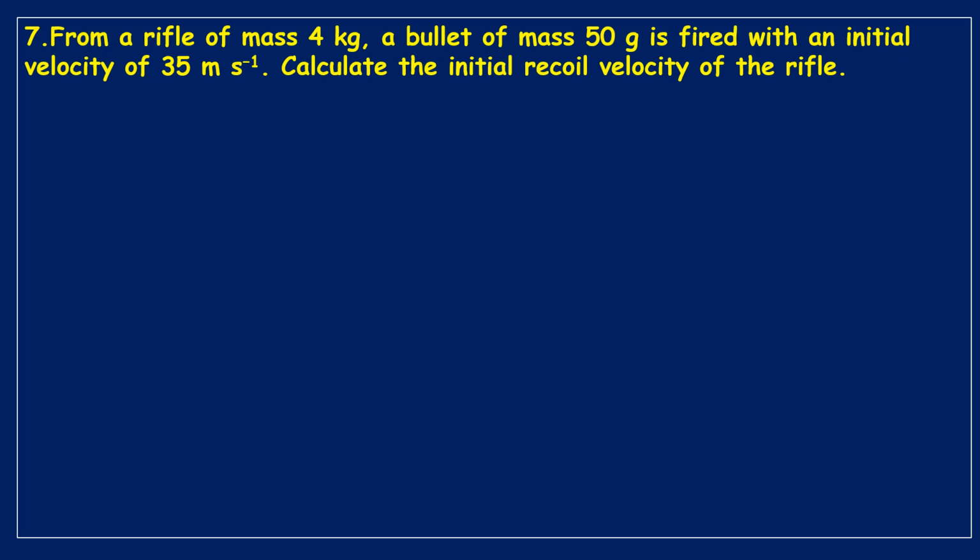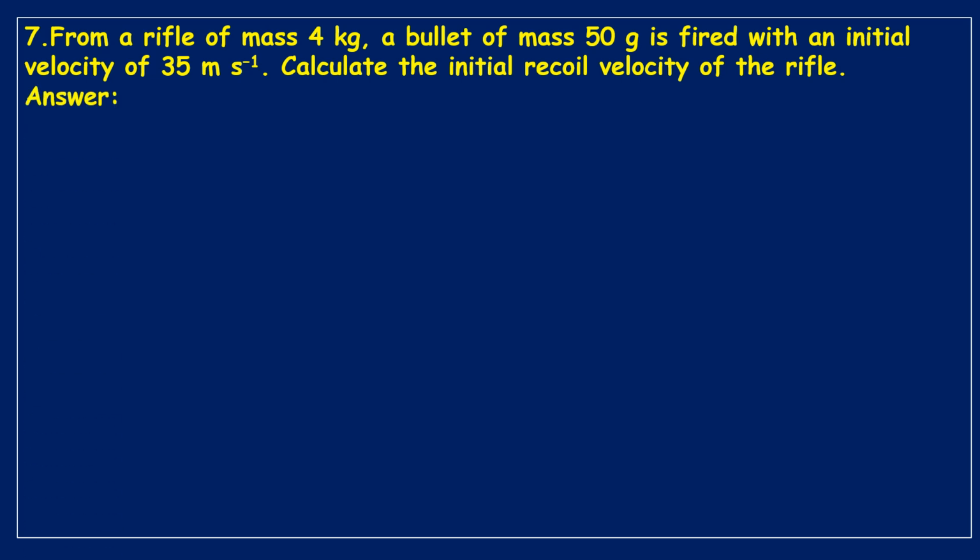Students, we have here the data: the rifle's mass is given as 4 kg, the bullet's mass is given as 50 grams, and when it is fired, the bullet moves out of the rifle with a velocity of 35 meters per second. It's a high speed. We are given the bullet velocity in the forward direction. We have to calculate the recoil velocity of the rifle in the backward direction, right?